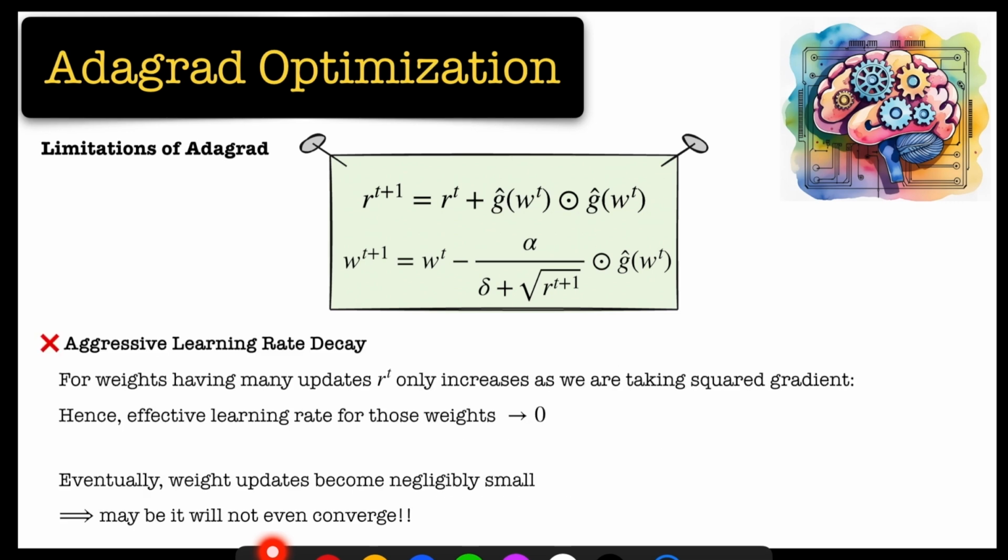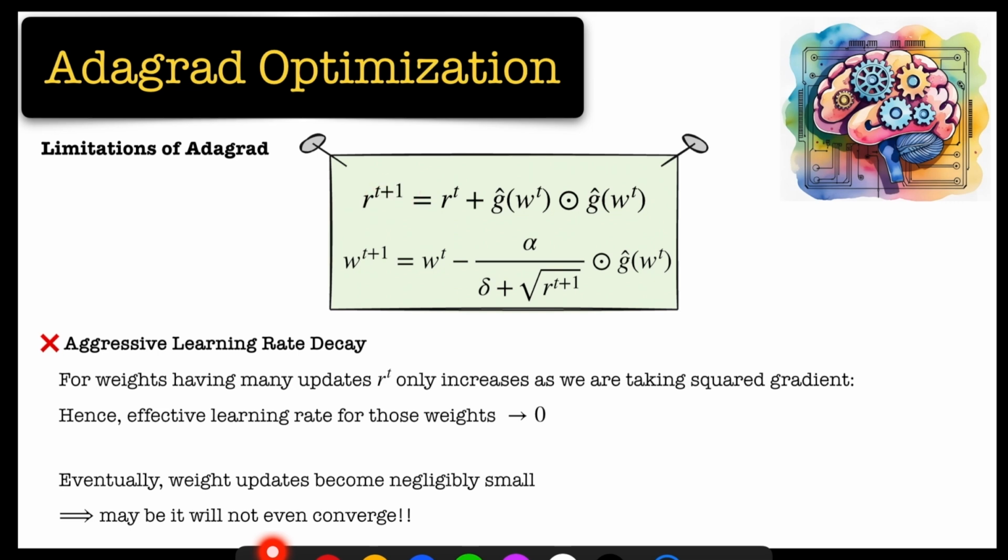Now let's see the limitations of AdaGrad. The first is aggressive learning rate decay. For weights having many updates, this RT only increases as we are taking squared gradients. So for the weights that are non-sparse features, we'll have many updates, right?